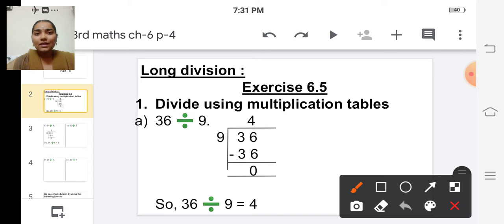The dividend should be greater than or equal to the divisor.